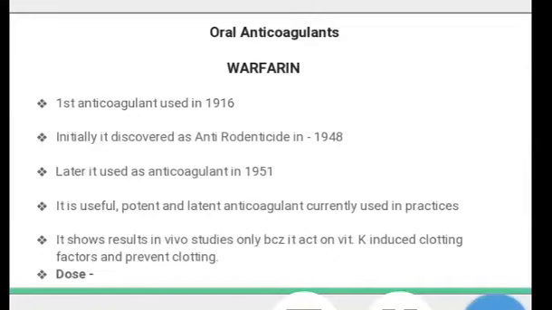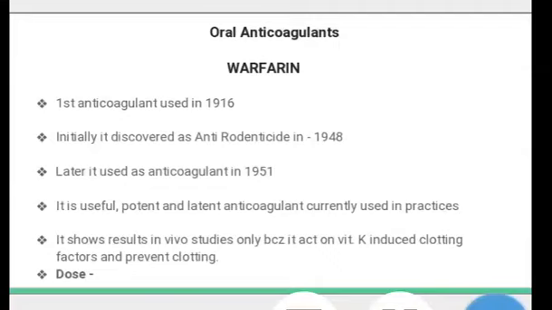Now we see the oral anticoagulants, how they act and what the examples of these oral drugs are. One very common example is warfarin. It is the first oral anticoagulant, used in 1951. It was discovered initially as a rodenticide, but later in 1951 it was identified as a potent and useful anticoagulant.